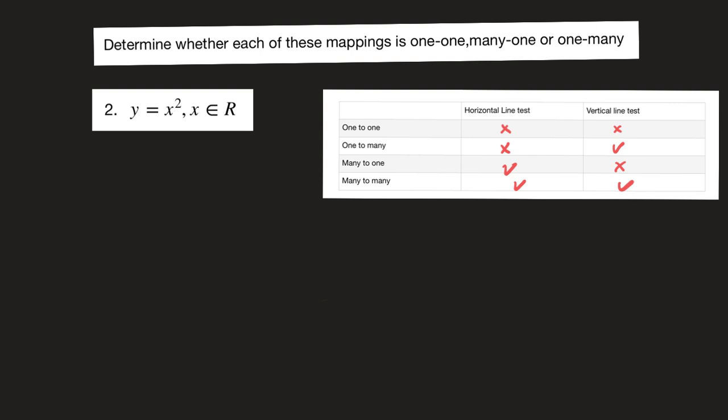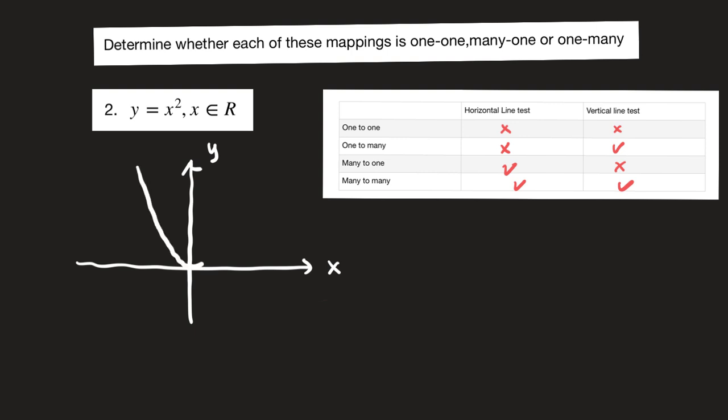Now try to look at the second example, which is y equals x squared. How does this graph look like? This one you have to try to remember. It looks like a shape like this. Again, what does this mean? x can be any number. So this is how the graph looks like.